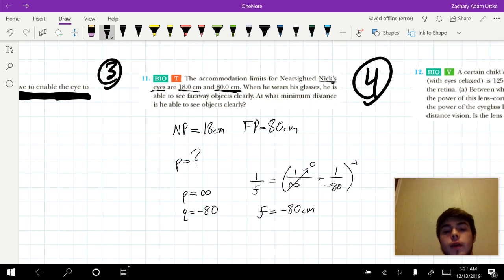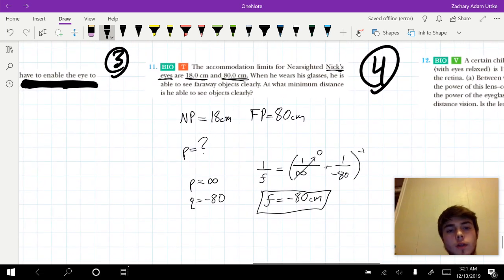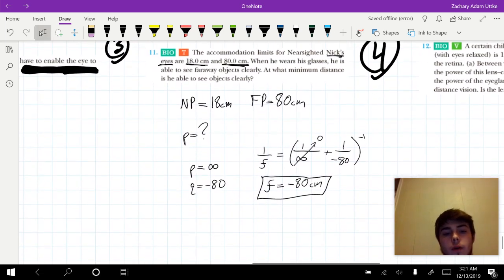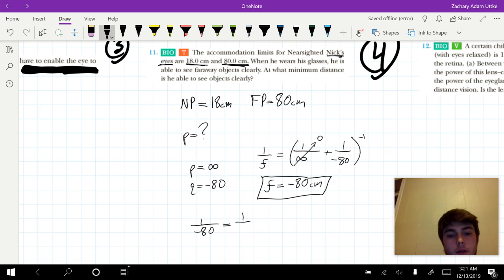And now that we have the focal length, we can use this for the next part of the question. Now we're looking for P, where he can see objects clearly. So in that case, we have 1 over negative 80 equals 1 over P plus 1 over, and now what will we use for Q?